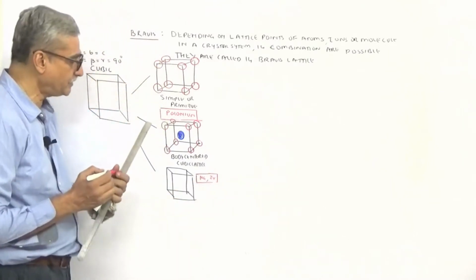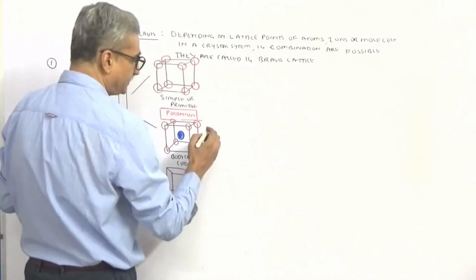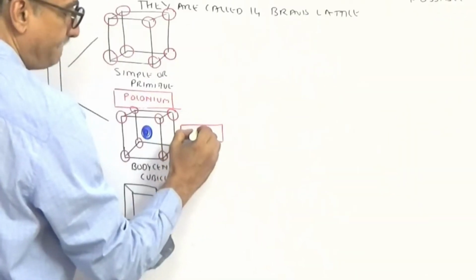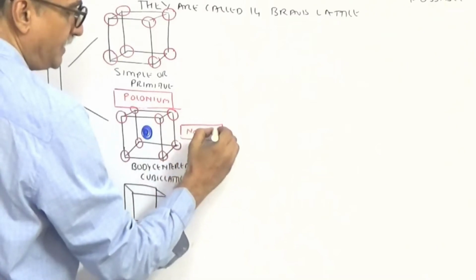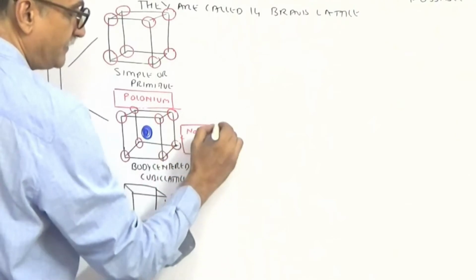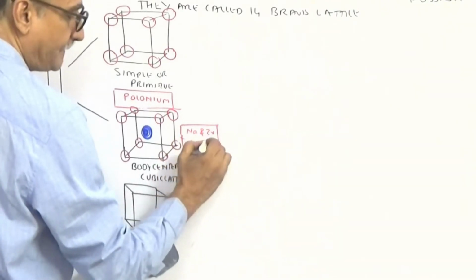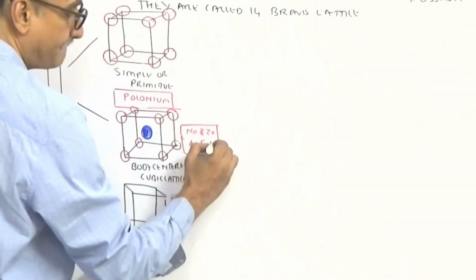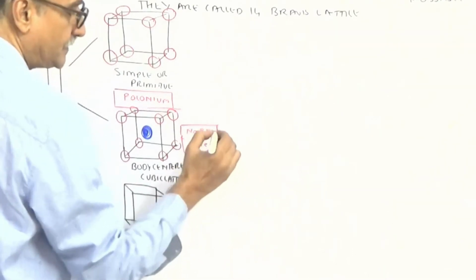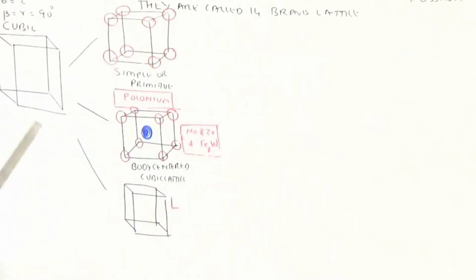Sodium and zirconium, and iron. If there is space, we can include it, why should we leave it? And iron and tungsten. And tungsten, wolfram. W is wolfram.